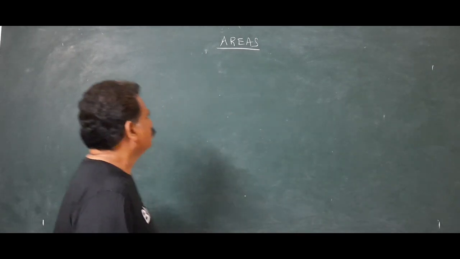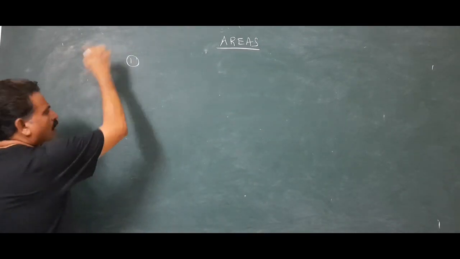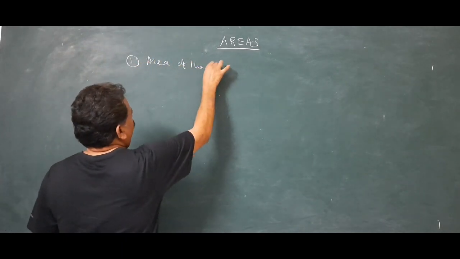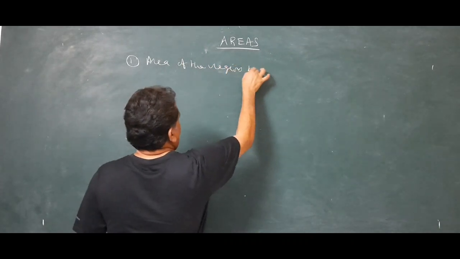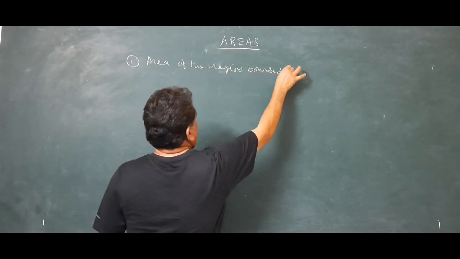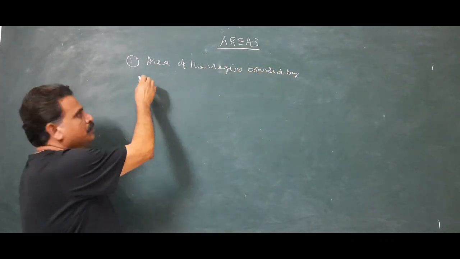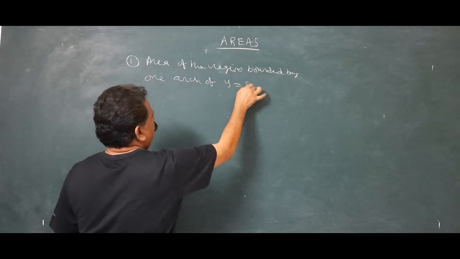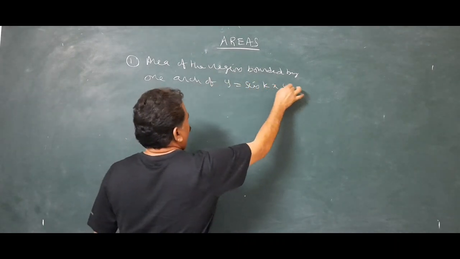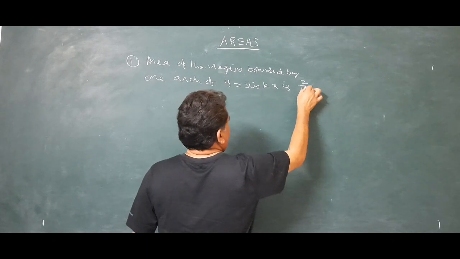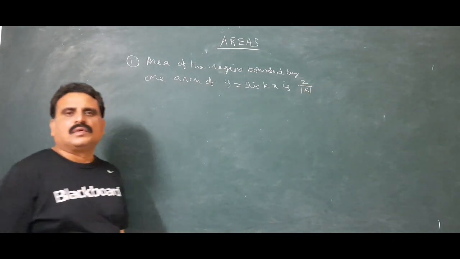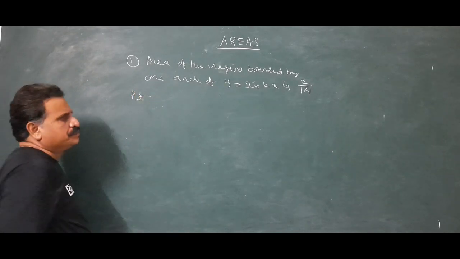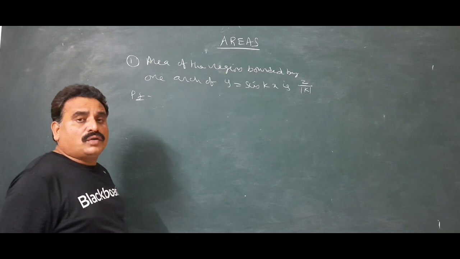First one, area of the region bounded by one arc of y equal to sin kx is 2 by mod k. Proof. Very simple proof. One arc y equal to sin kx.